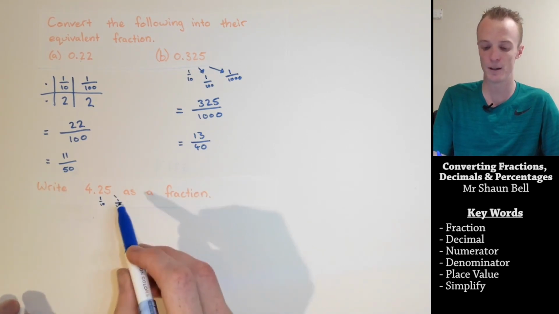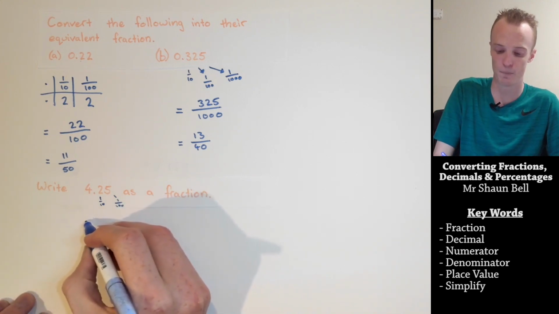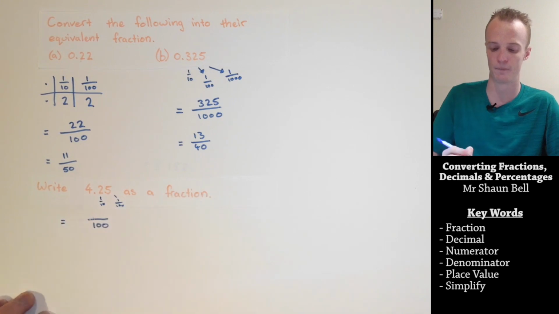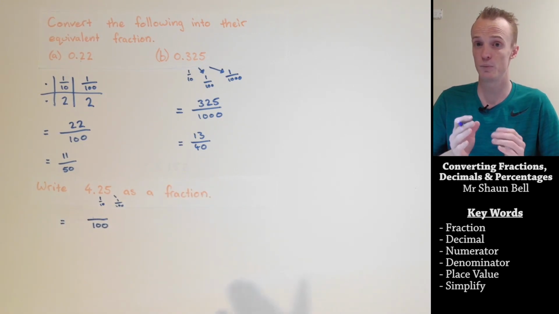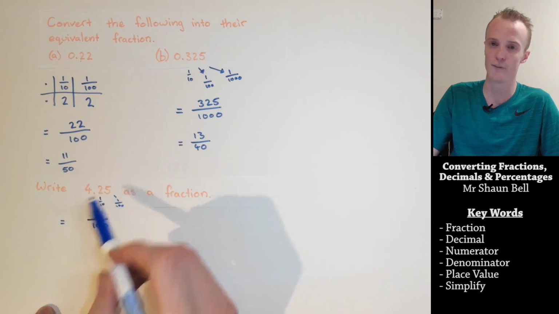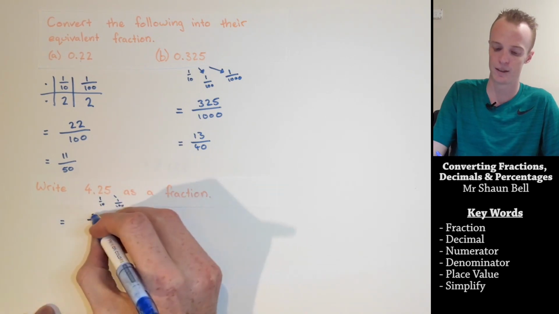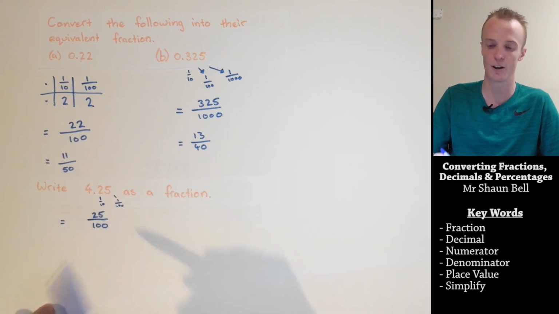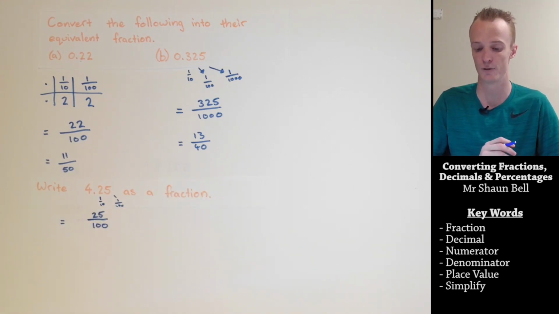So our last decimal place value is 100ths, so the bottom of our fraction is going to be 100. The numerator, this is where it's very important. The numerator is all the digits after the decimal place. So that is going to be the 2, 5, which gives us a fraction so far of 25 over 100.